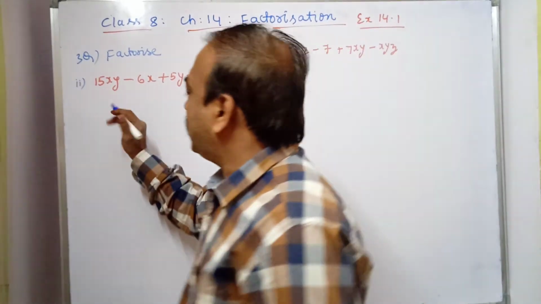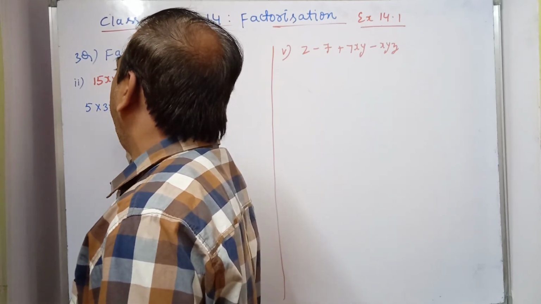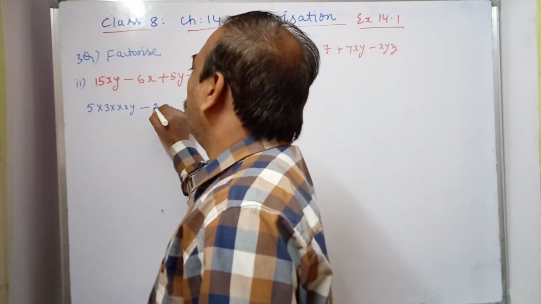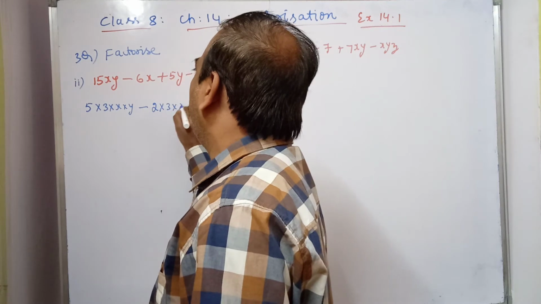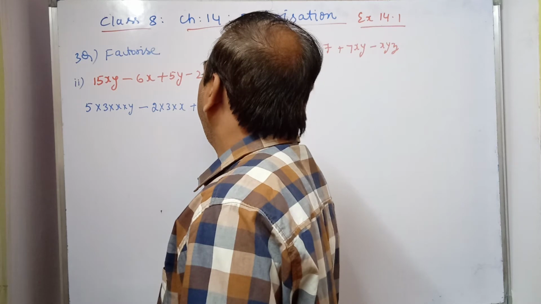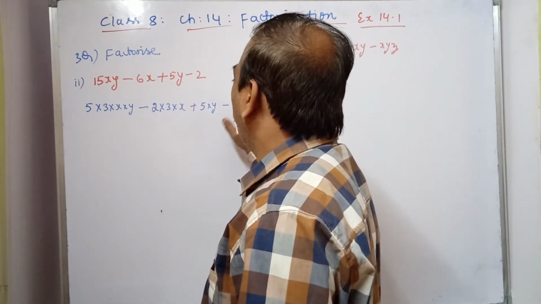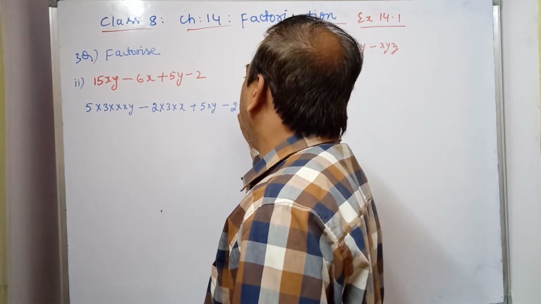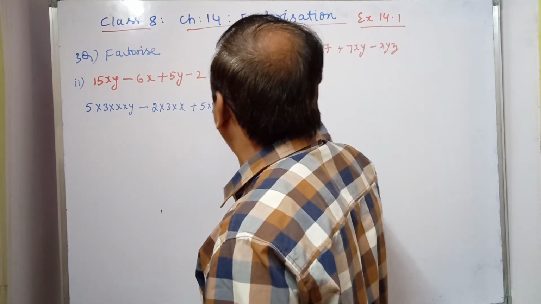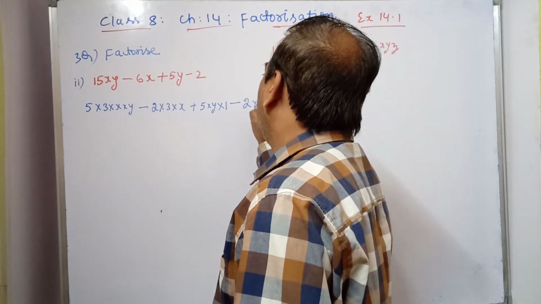So here 15xy can be written as 5 into 3 into x into y, minus 6x as 2 into 3 into x, plus 5y as 5 into y, minus 2 as 2 into 1. Because there is no other factor in these two, 5 into y into 1 minus 2 into 1.